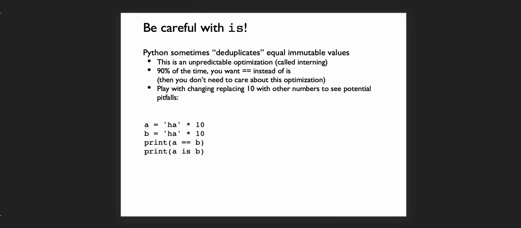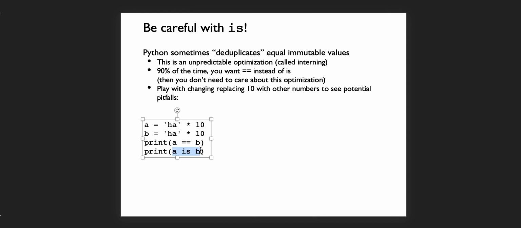The last note I want to leave about using is that you need to be quite careful with how Python handles this, because sometimes Python can deduplicate equivalent values and make both references point to the same object. What do I mean by that? Let's say you create a string by multiplying, 10 times, and you assign the result to two different variables A and B. Clearly the first comparison is going to be true because you're checking two string objects which are exactly equivalent.